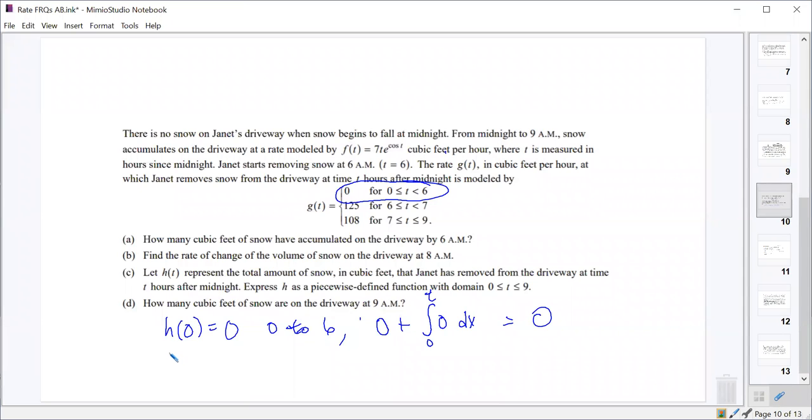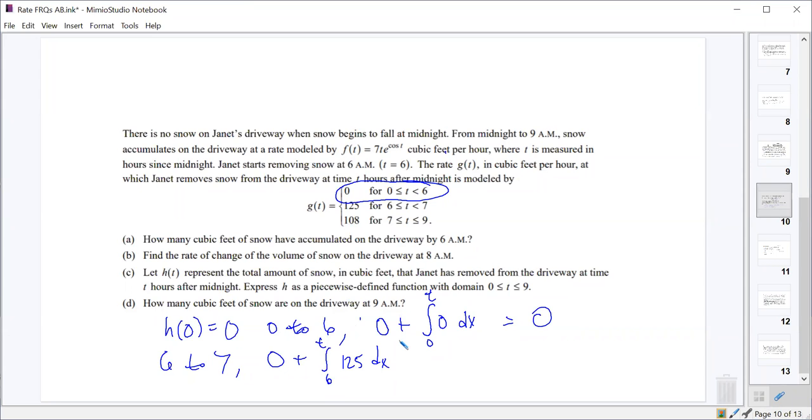Okay. So then we would say from 6 to 7, the amount that has been removed is the amount that was removed up till t equals 6, which was 0, plus the integral from 6 to some t value between 6 and 7 of this rate, 125, we'll call it dx.